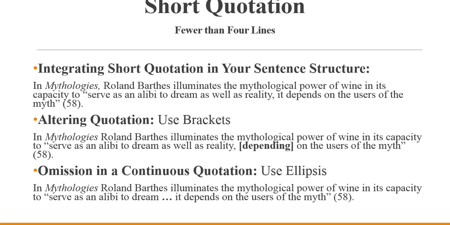So notice we're talking about your own paper, not that of the source. Now the quotation that you're using can still qualify as short if it takes up fewer than 4 lines in your own essay to represent. But if, say, in the original source the quotation takes over 4 lines, then it's not considered short quotation because we're only counting your own paper, not the source, if that makes sense.